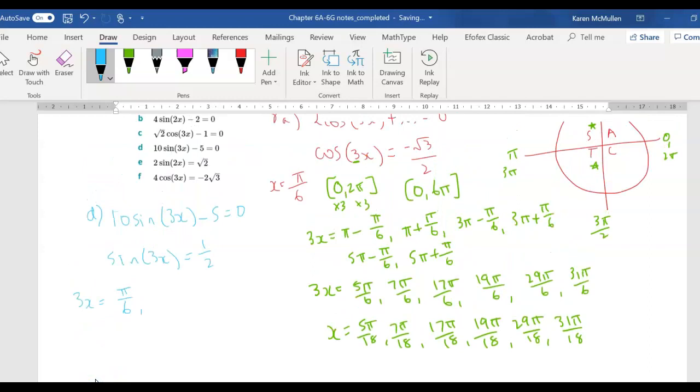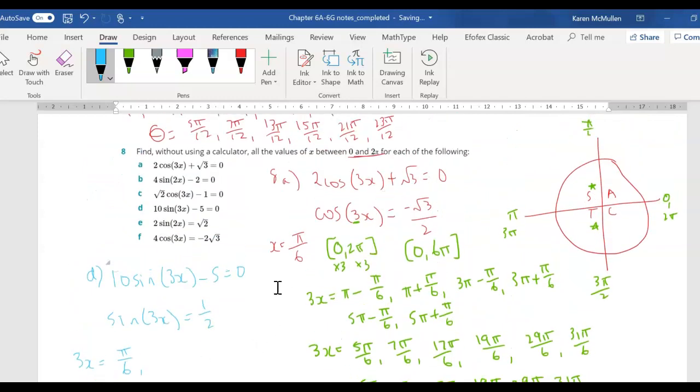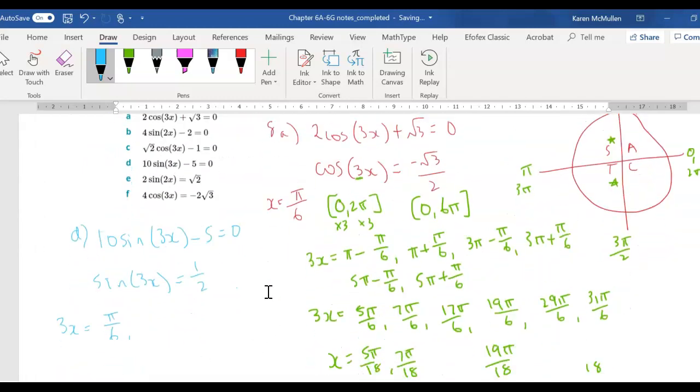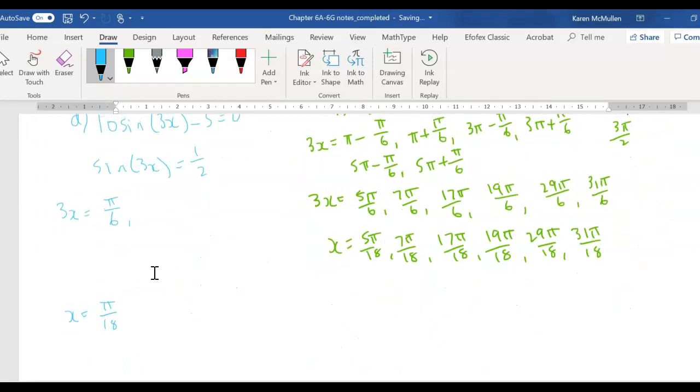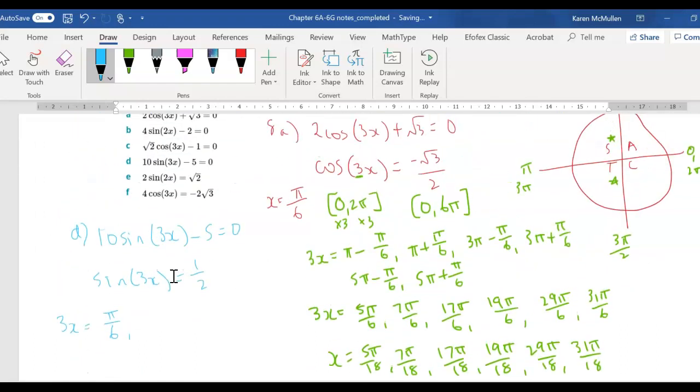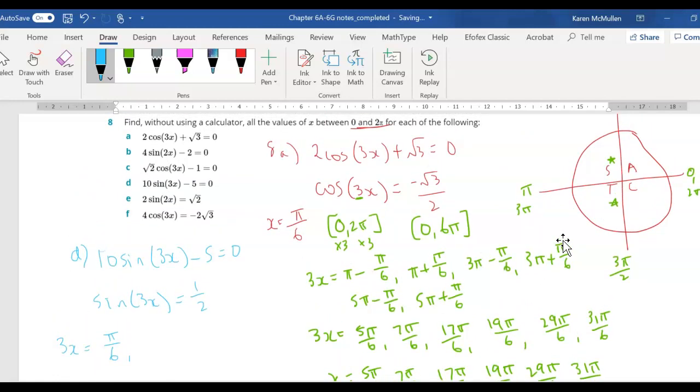Now, our domain is 0 to 2 pi, so because I just enlarged it, because I got 3x, I'm going all the way to 6 pi, so I kind of covered that in the previous one. Sine is positive, so we want first quadrant and second quadrant. So our first solution is going to be 0 plus pi on 6, which I've already got, then pi minus pi on 6.